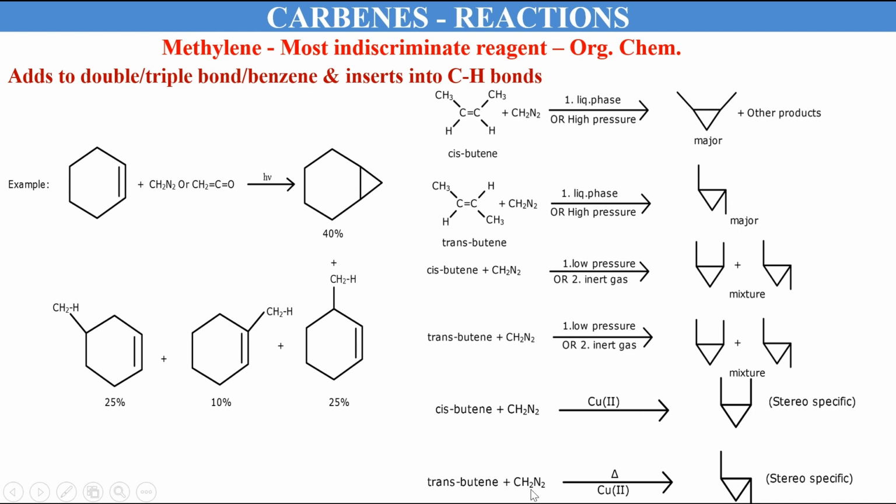If I take trans-butene and treat it with diazomethane in the presence of copper salt, I'll get the trans derivative only. The original configuration is retained in the product also. Hence, by optimizing the reaction conditions, I can get the specific product or I can increase the selectivity.